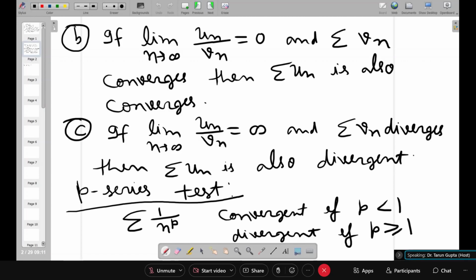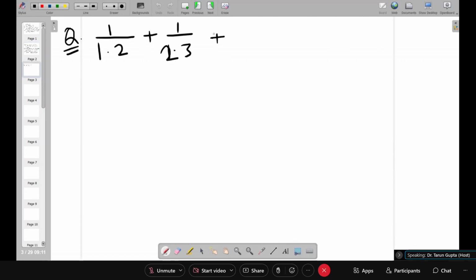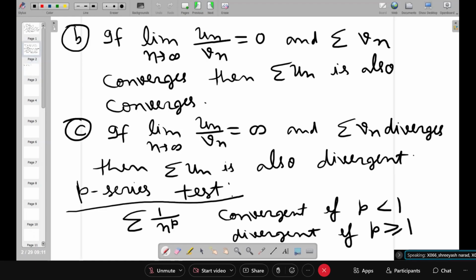Sir, p greater than or equal to 1, sir. So for p greater than 1, sir, convergent, right? Oh okay, I am writing. 1 minute. This statement is convergent if p greater than 1 and divergent if p less than or equal to 1. Sorry, I wrote this in reverse. This summation 1 upon n to the power p is convergent if p greater than 1, divergent if p less than or equal to 1.